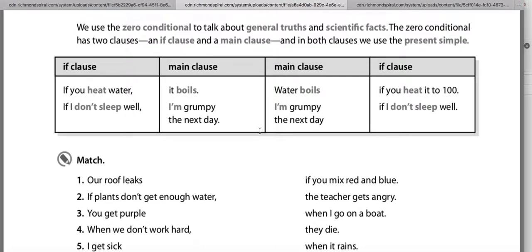And the next one is: I'm grumpy the next day if I don't sleep well. Don't forget this very important aspect of the zero conditional: we use the present simple.